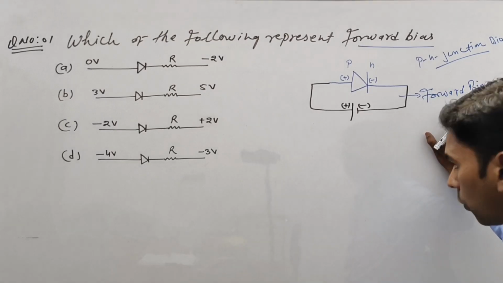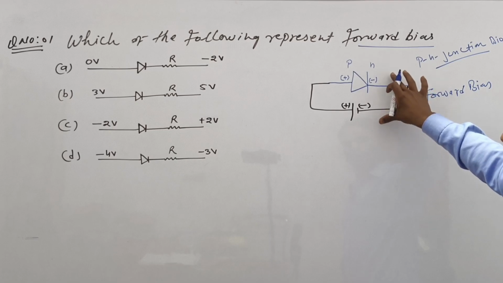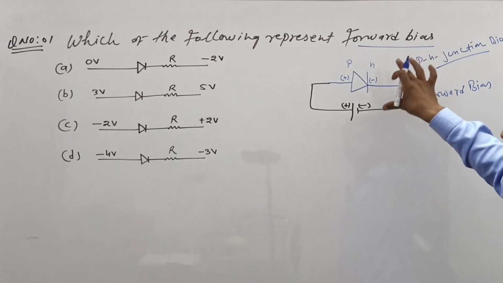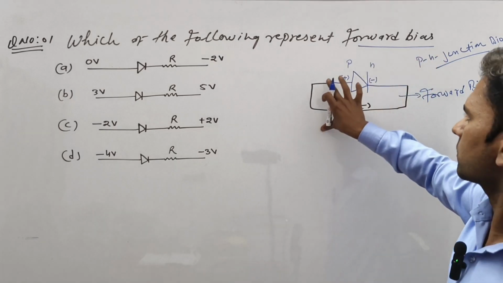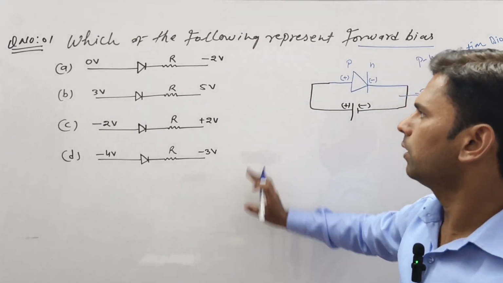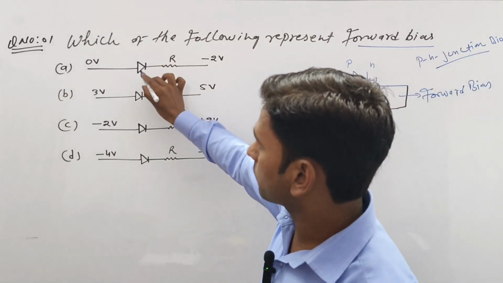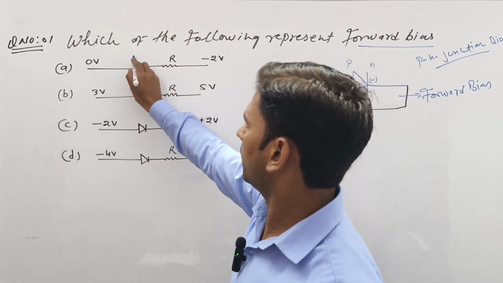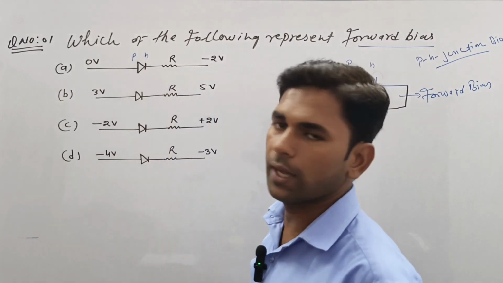Yes or no? Now if you check whether this configuration is here or not, you will get your answer. Very simple. This side is P and this side is N.